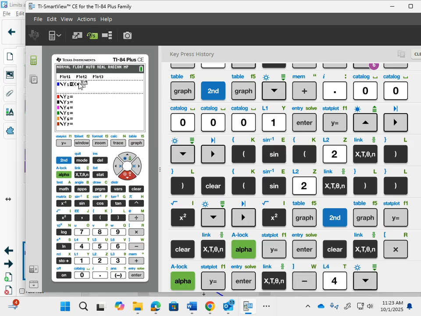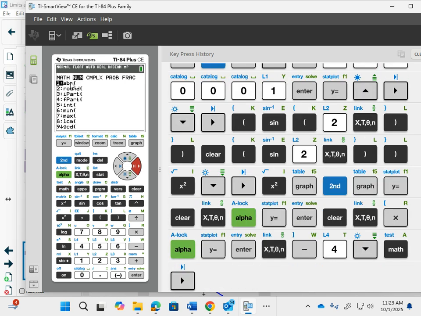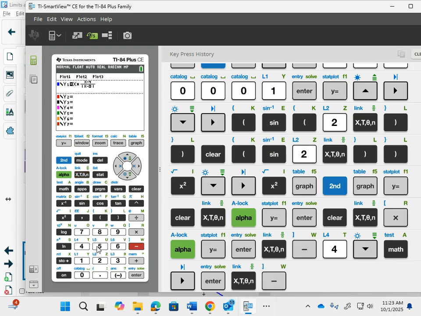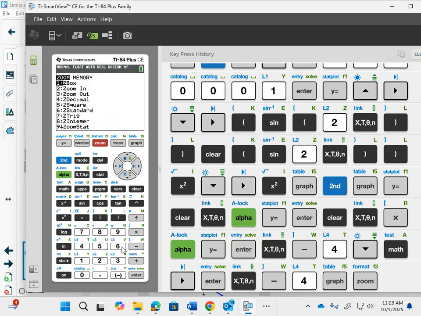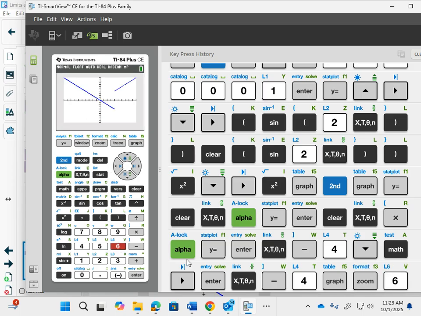And the absolute value you can find by hitting the math button, going over to number and ABS, push that. You can find it that way. And when we hit graph, if I go zoom 6 to standard graph, we see that break in that graph.